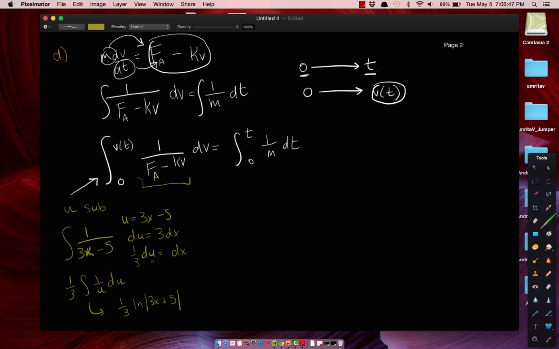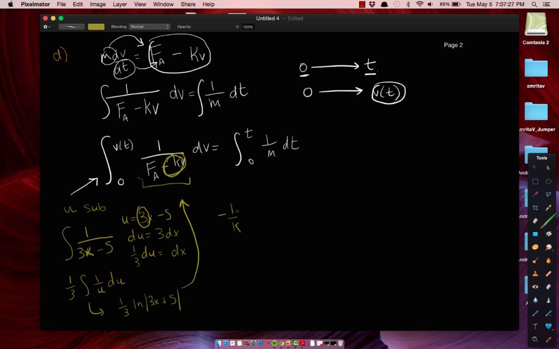So we're going to apply that same method to 1 over Fa minus kv. Just like we did over here, we pull out the coefficient and put it under 1. Our coefficient was 3, and we pulled out a 1/3. Our coefficient is negative k, so we're going to pull out a negative 1 over k.